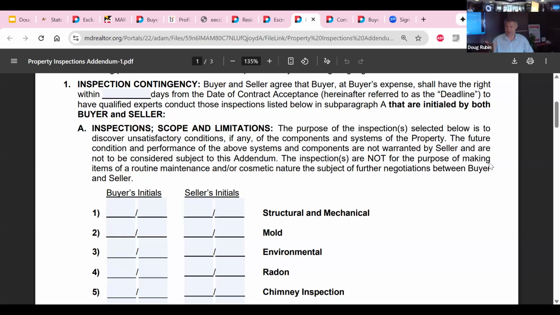The question is about actual knowledge. Do you have actual knowledge when you're putting your property on the market of these latent defects? If you do, you have to disclose it. Do sellers break the law all the time and pretend they didn't see certain things and just say no latent defects on the subsequent listing? Yep, I see that all the time. And those people are absolutely opening themselves up to gigantic amounts of liability.